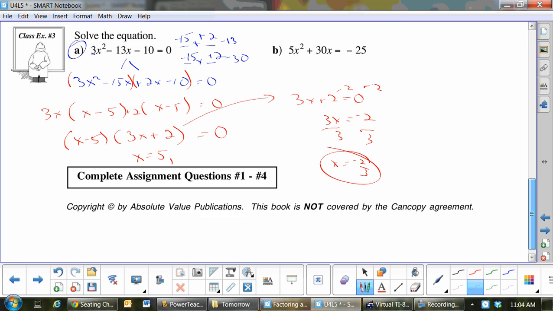And I would recommend doing this anyway. It's not like you got to do 50 of them on a test. Okay? Maybe you're going to be a bit lazier on homework. But what do you got to lose, right? On a test, you get to lose a mark. So 5 and negative 2/3. And again, if you graph that, you would see it would go through negative 2/3 and 5.